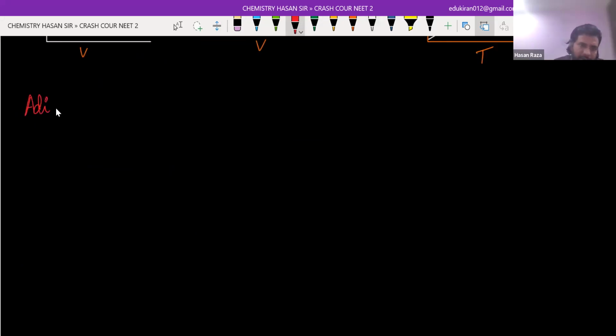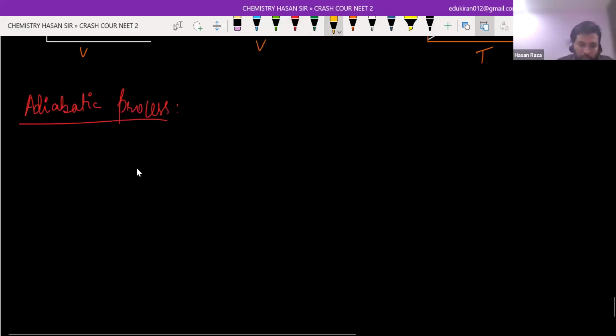Now see, adiabatic process. In adiabatic process, as I told you about the adiabatic wall, the adiabatic wall does not allow even heat energy to pass through. So I'm going to write a point.